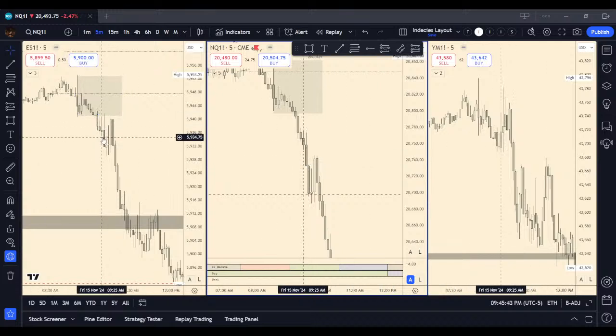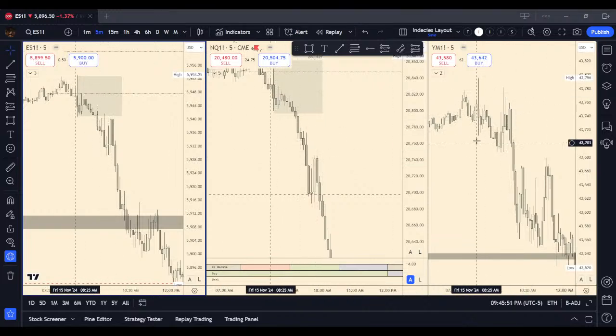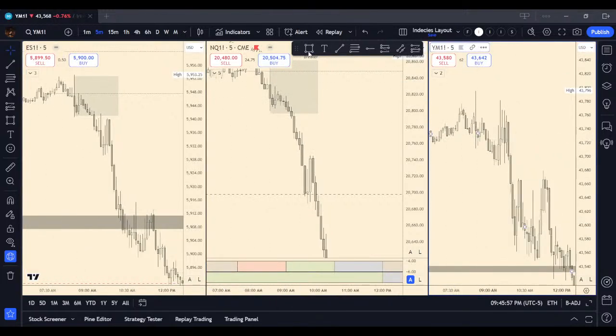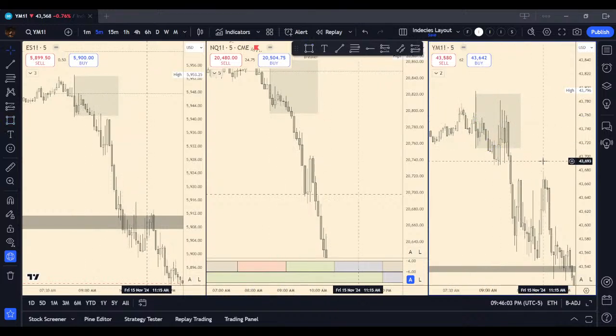So it's crazy how ES traded back into imbalance in here while Dow was inside of it actually. That's crazy. That's insane. It's basically acting as a zone for consolidation.